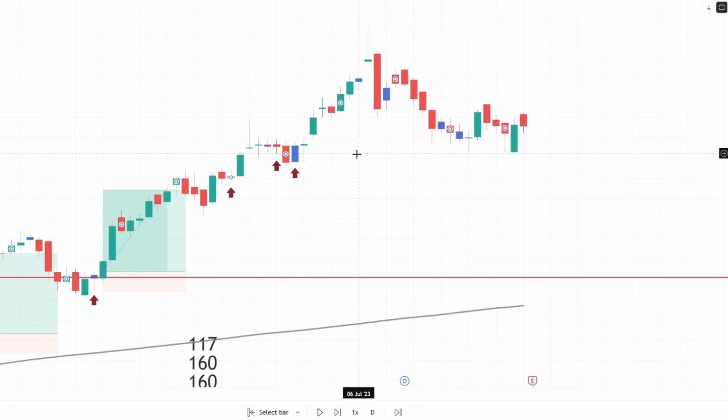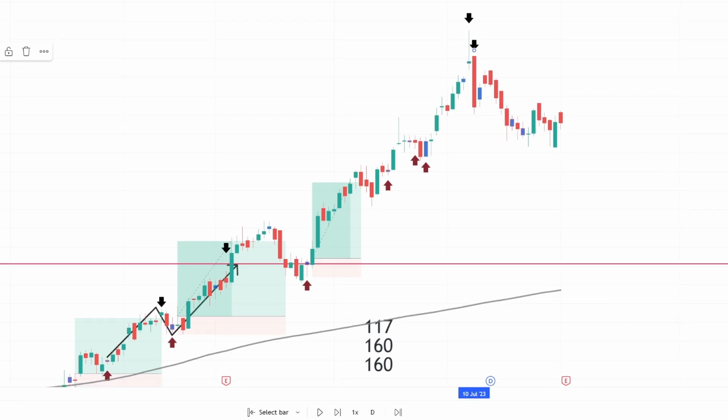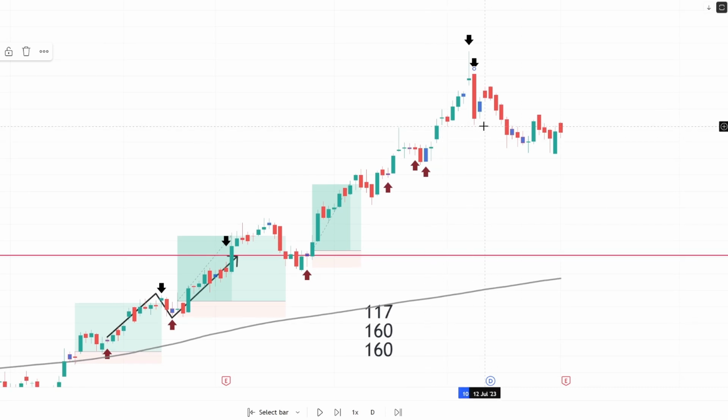After this move, when it forms such a big, this is a shooting star and this is such a big red candle, I think it's a pretty strong indicator कि भैया अगर आप अब ट्रेड में हैं तो शायद अब टाइम आ गया है कि आप इस ट्रेड से निकल जाएं. तो हम क्या करेंगे, यहाँ पे लगा देंगे कि अब इसके नीचे अगर प्राइस गया तो we will exit the trade.